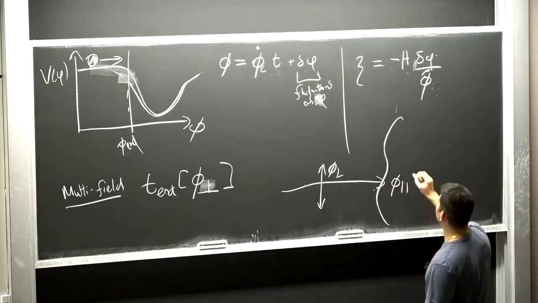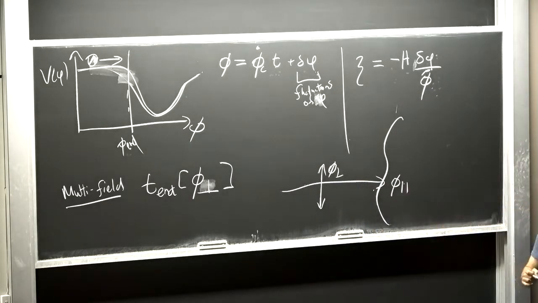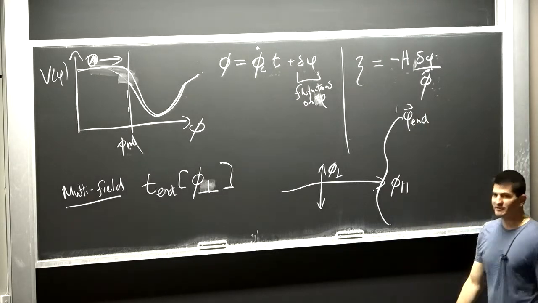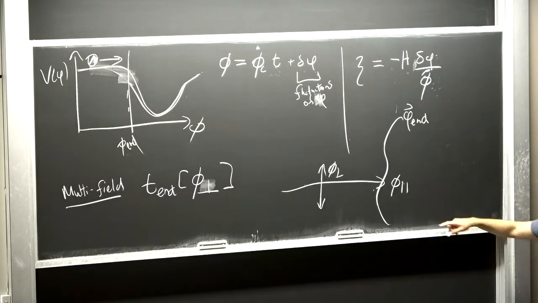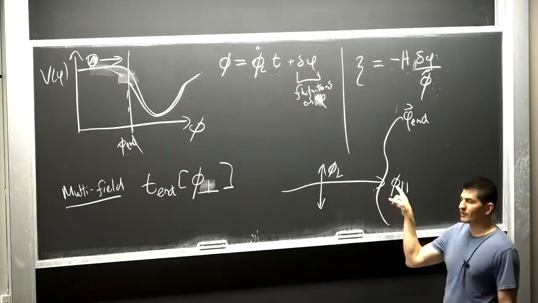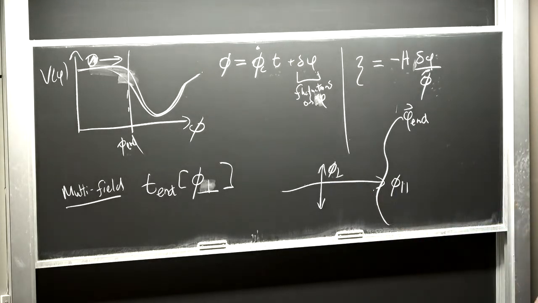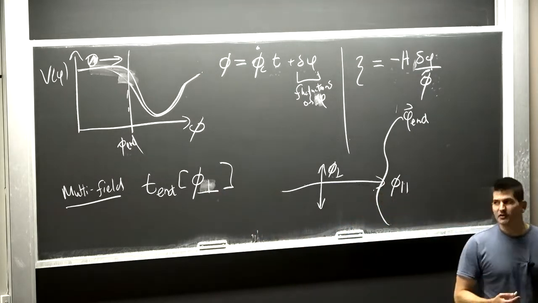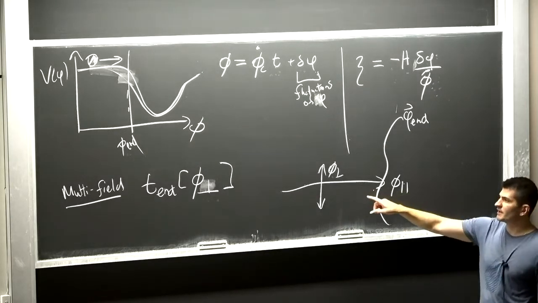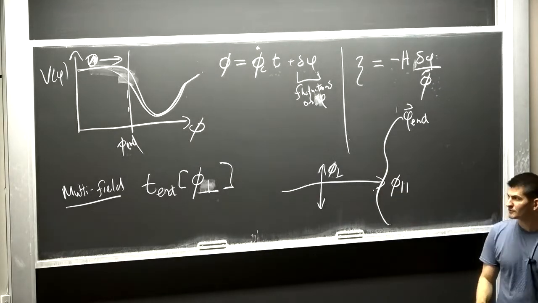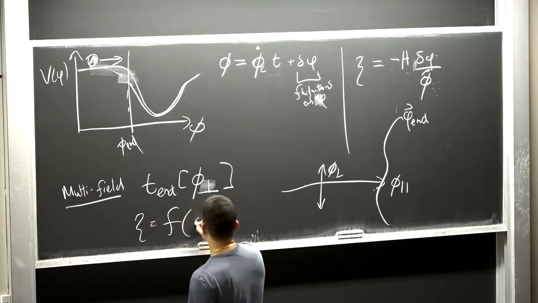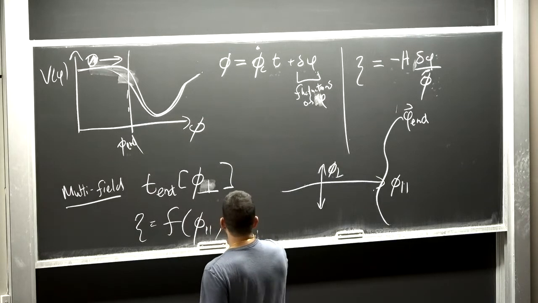And the region we define as the end of inflation can be more complicated. So this might be phi end as a vector. We live in some field space, and there's some surface that defines the end of inflation, but it mixes the transverse and the parallel directions. And so when this happens, then zeta itself is not uniquely determined. You need to know the relationship between the end of inflation and these extra fields. So when this happens, all we know is that zeta is some function of all the phi's you have in the problem.